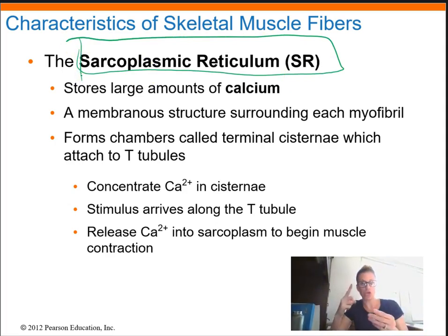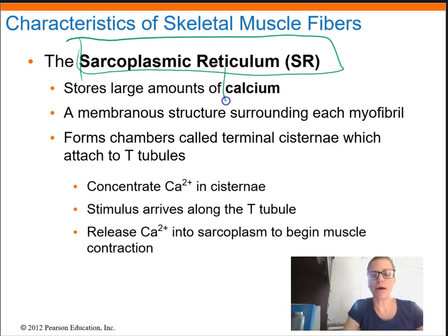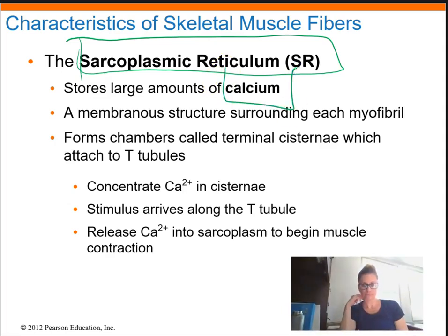So we have the sarcolemma, that's the cell membrane. The sarcoplasm is all the stuff inside. The sarcoplasmic reticulum is a special smooth ER, or smooth endoplasmic reticulum. It stores huge amounts of calcium.